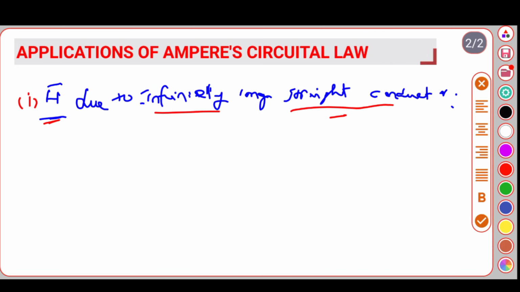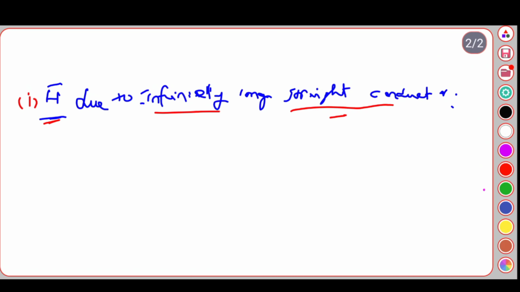Consider an infinitely long straight conductor placed along the z axis. Previously we applied Biot-Savart law, but now we are applying Ampere's circuital law.